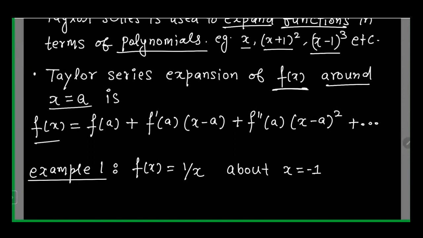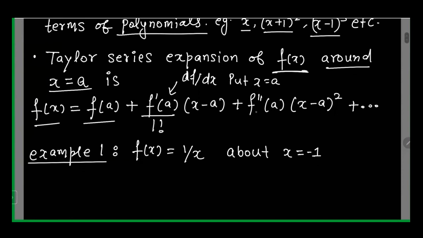So what will be the expansion of f(x) around x equals a? f(x) will be equal to f(a) plus f dash a divided by 1 factorial. 1 factorial is 1, so nothing changes here. F dash a means differentiate f(x) one time and then put x equals a. Multiply by (x minus a), plus f double dash a divided by 2 factorial.